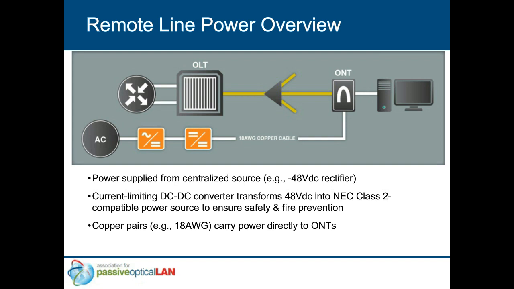And what you end up with is a circuit that meets NEC Class 2 for safety and fire prevention. And that device actually powers the ONTs using copper cable that runs alongside the fiber that you're installing. Typically what we've seen is that you need 18 gauge, occasionally larger, but usually 18 gauge to power the ONTs.